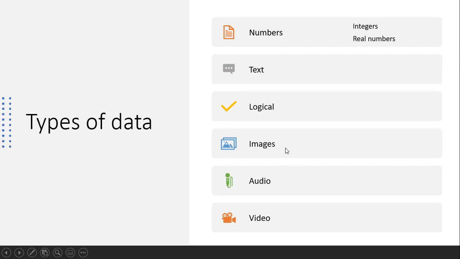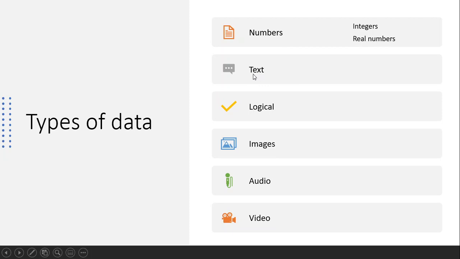Now in programming, especially programming using C++, we will not be processing images and audio or video, although images are nothing but two-dimensional arrays. We'll talk about what arrays are, and images can be represented as arrays. So we won't be processing images, but we will definitely be working with numbers, both integers and real numbers.